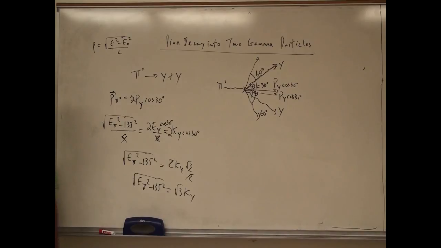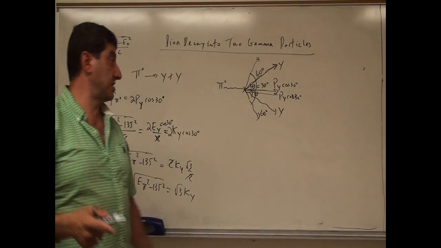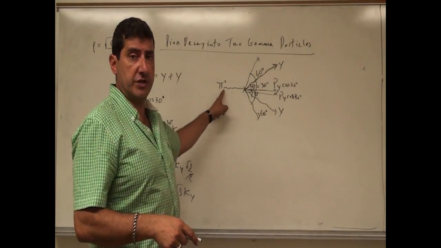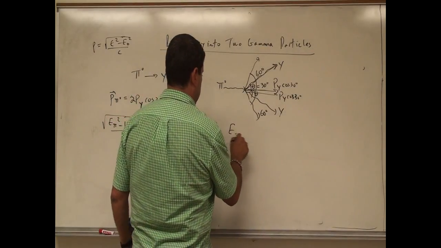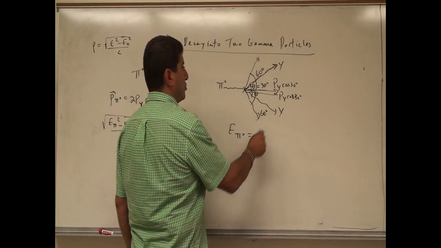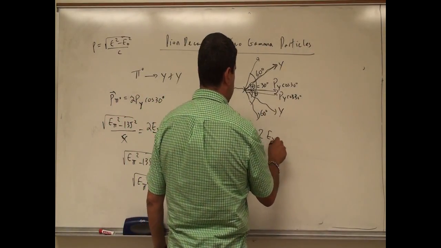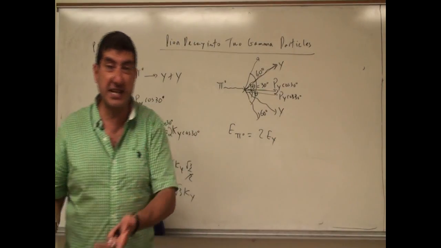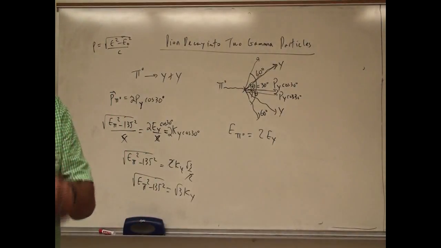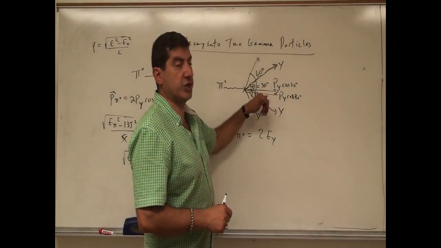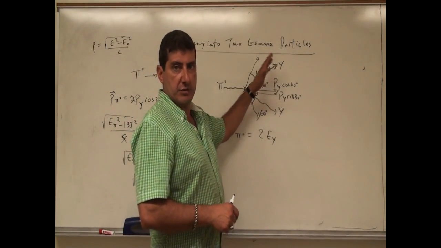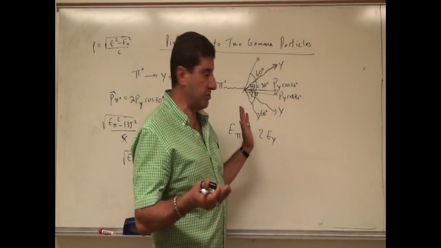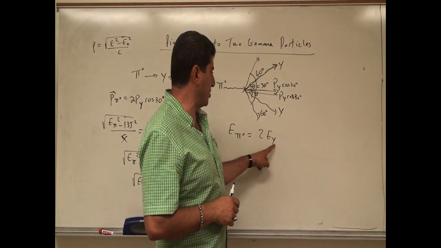Now we have to conserve the energy of the system. The total initial energy of the pion must equal twice the energy of the gamma.